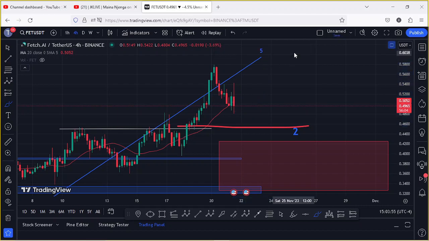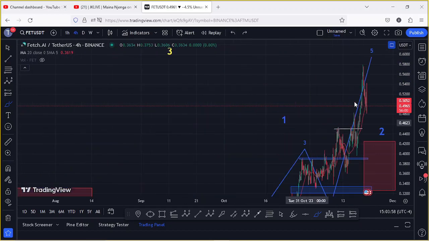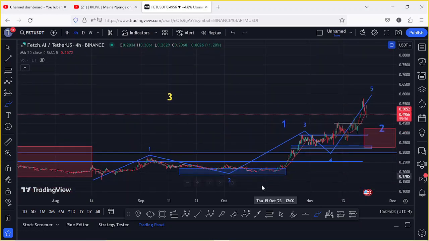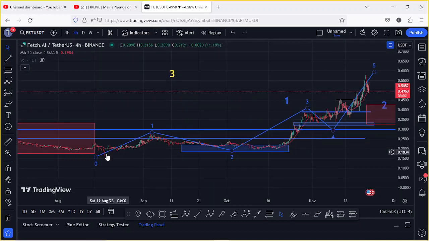Fetch AI has also continued to obey the Elliott wave structures. Zooming out on the charts to give you my Elliott wave analysis, you can see that after Fetch AI gave us a low on the 17th of August, we saw this push to the upper side, giving us the formation of this wave 1.